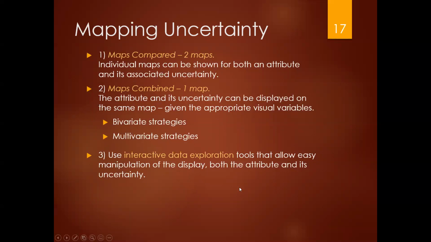Interactive data exploration, which means that you can easily manipulate maps and decide if you want to use one map to show the variable and uncertainty, or use multiple views or interactive methods to show two maps, one the variable, another one for the uncertainty.